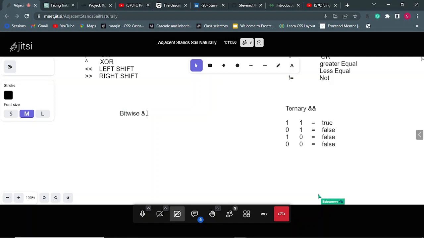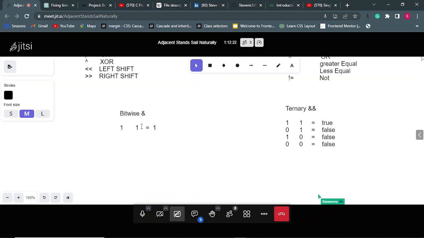Bitwise, right? I said that both work exactly the same way. Now, we have 1 and 1. The answer will automatically be 1. Here, 1 1 gave me true with the ternary operator.